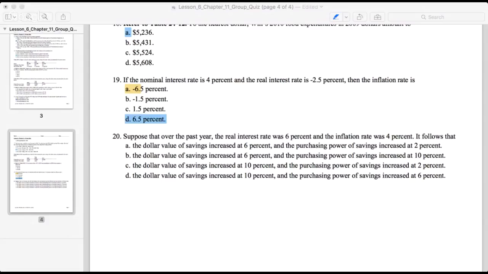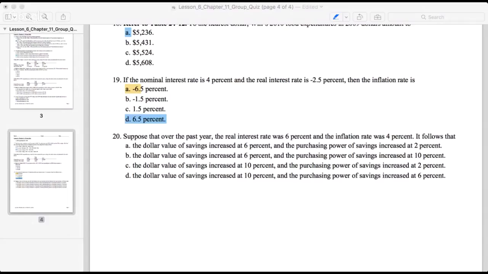Okay, so if we consider that formula, the nominal interest rate would be 10% because 10 minus 4 is 6, which is the real interest rate. So your savings, the actual money that you have, is equal to the nominal interest rate, because the nominal interest rate does not consider inflation.